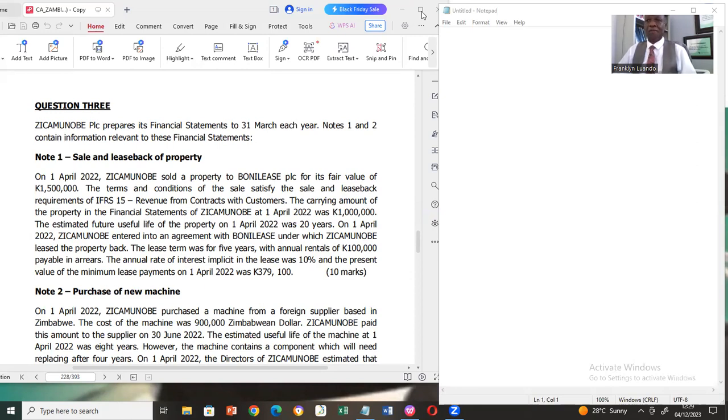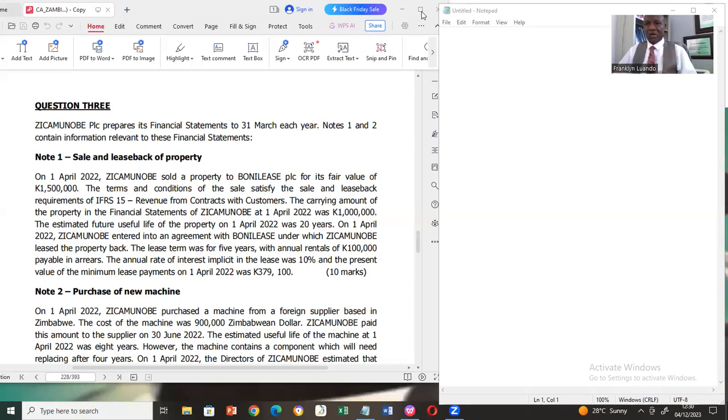The buyer is also able to enjoy all the remaining economic benefits from the use of the asset. If that is satisfied, then there is a sale.